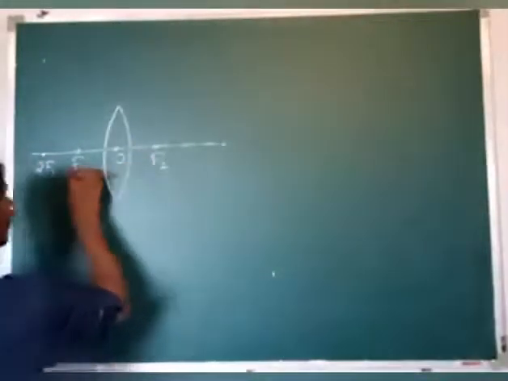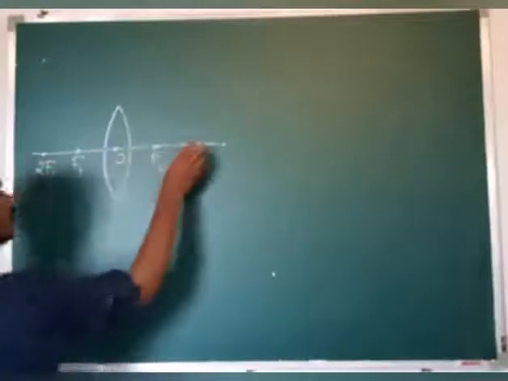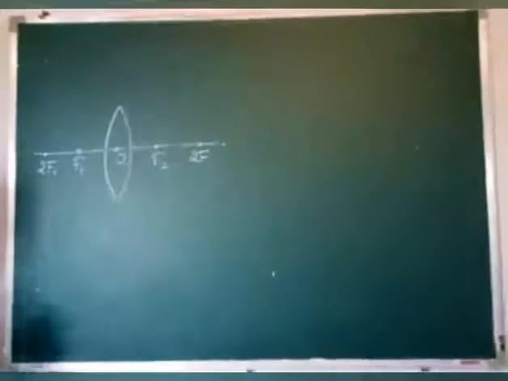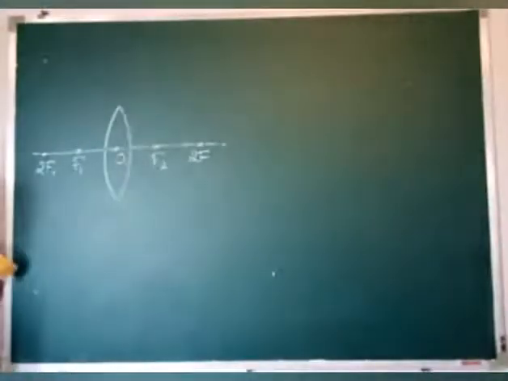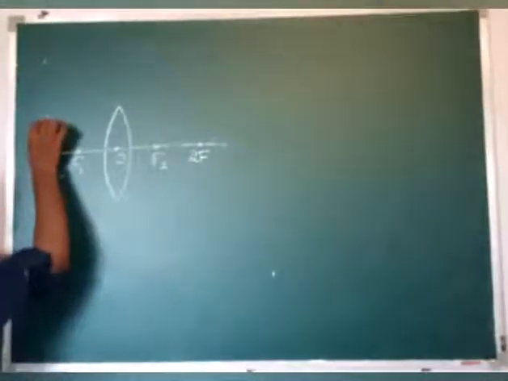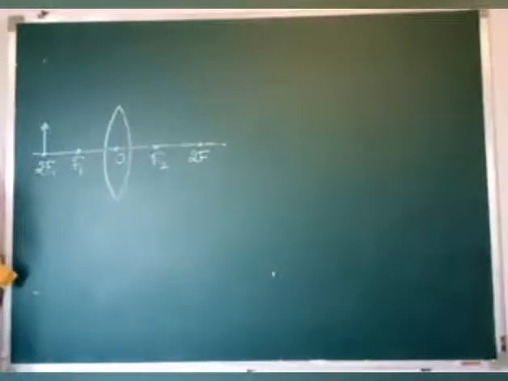Otherwise on both sides you can take F and F, 2F and 2F. Okay. So now let us consider that there is an object at 2F1. It is the object now, for example a candle or needle, anything.